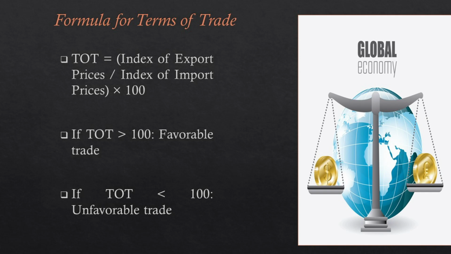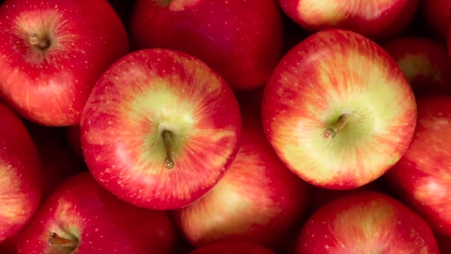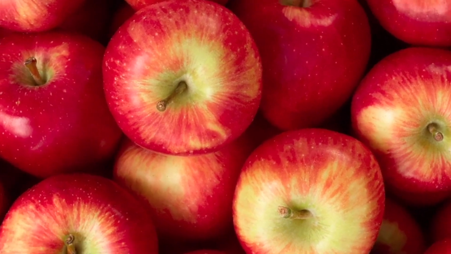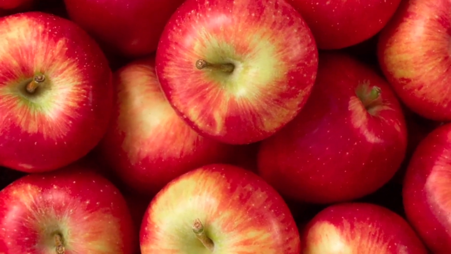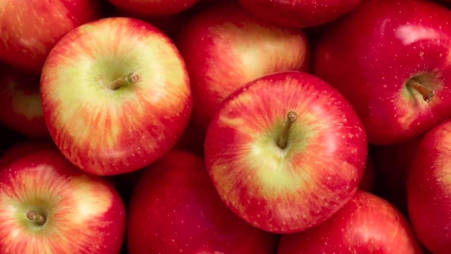We can take another example. For example, country A is known for its delicious apples, which it exports to other countries. In return, it imports oranges. Initially, the price of one apple is 100 rupees and the price of one orange is also 100 rupees.